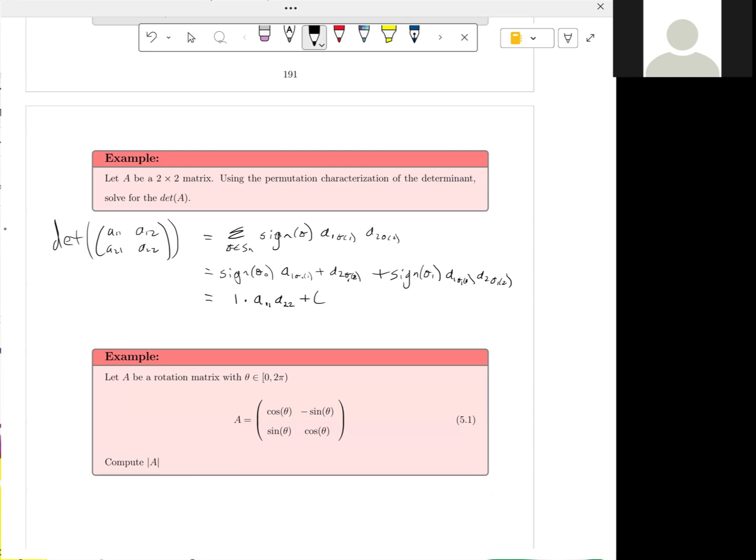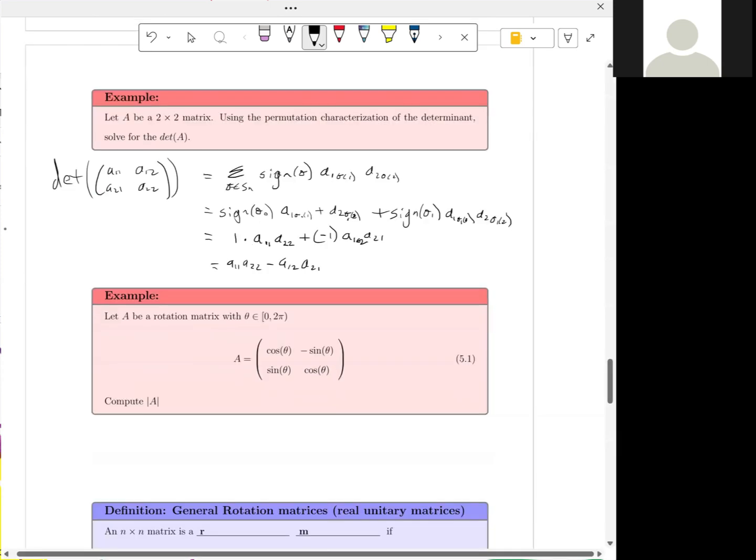Plus, the sign of sigma_1 is minus 1, A1, sigma_1 of 1 is 2, and sigma_1 of 2 is 1. So it's A12, A21, which equals A11, A22 minus A12, A21, which is our definition for the determinant. So we're happy with this.